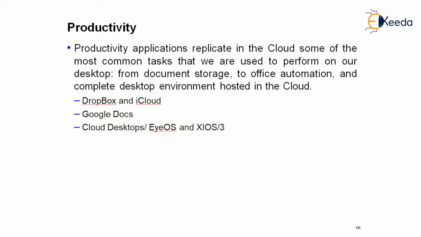For that, we use Dropbox, iCloud, and Google Docs is one of the best examples, and cloud desktops such as EyeOS or XIOS 3. So basically, if you do not have any word processing tools on your side, you can simply use this kind of software as a service, such as Google Docs or Dropbox, for storage and word processing. So this is an application for productivity.